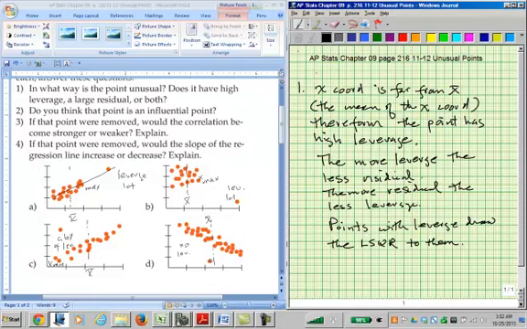This point has no leverage. Why? Because it's close to x bar. The further you are from x bar, the more leverage. Therefore, this point has no residual. This point is going to have a small residual. This point will have somewhat of a bigger residual. And this point will have a very big residual.